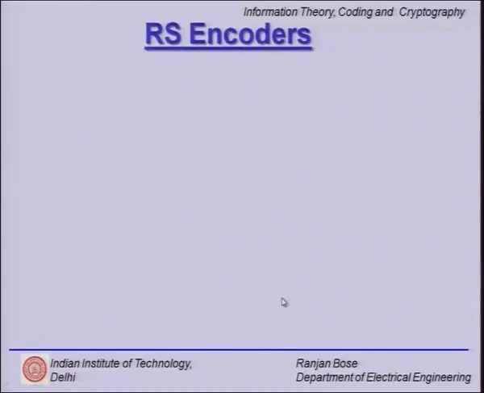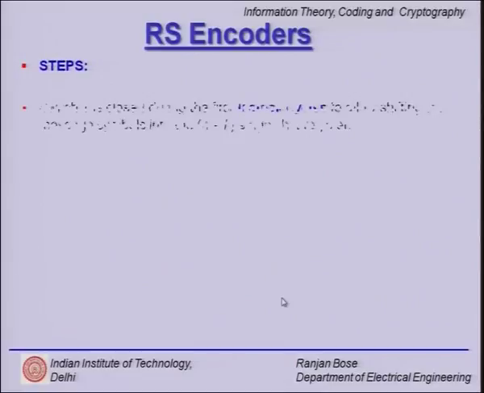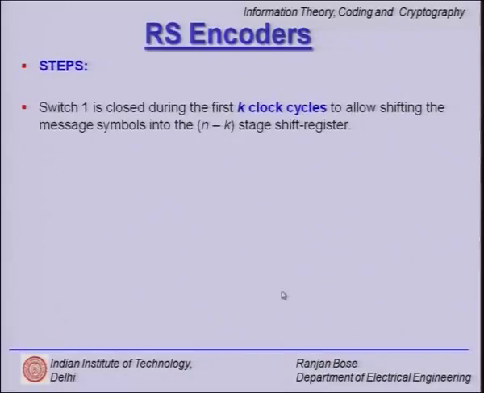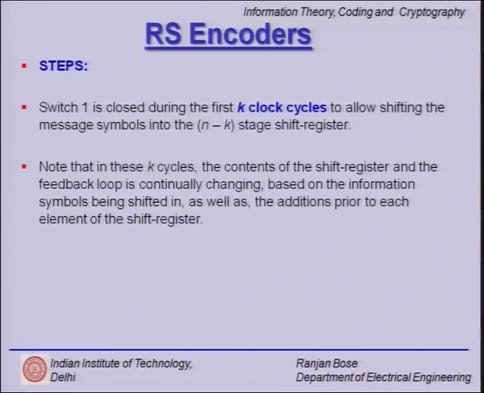g of x. So, if you look at the steps, switch 1 is closed during the first k clock cycles to allow the shifting of the message, right. n minus k shift registers. Now, in these k cycles, the contents of the shift register and the feedback loop are continuously changing based on the information symbols being shifted in, as well as the addition prior to each element of the shift register.